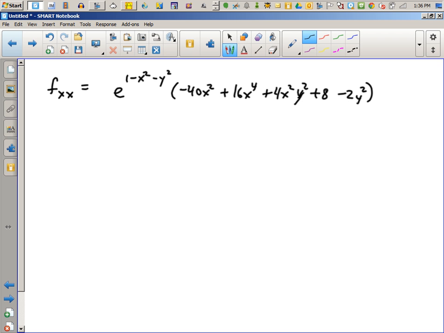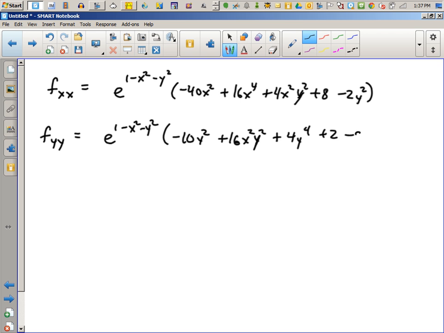Okay? And fyy, this is the second derivative with respect to y, partial derivative, is e^(1 - x^2 - y^2) times negative 10y^2 plus 16x^2y^2 plus 4y^4 plus 2 minus 8x^2. And I found the mixed derivative.